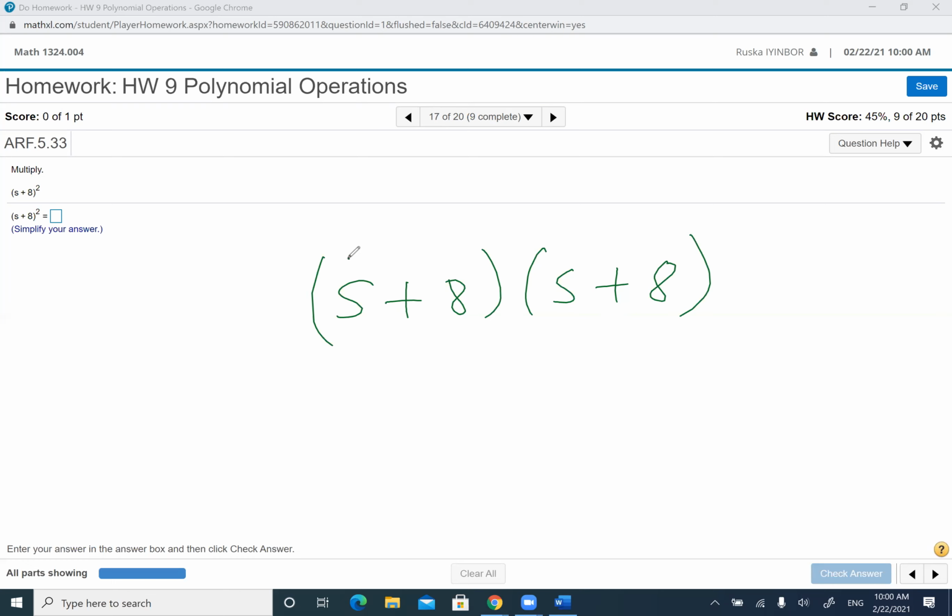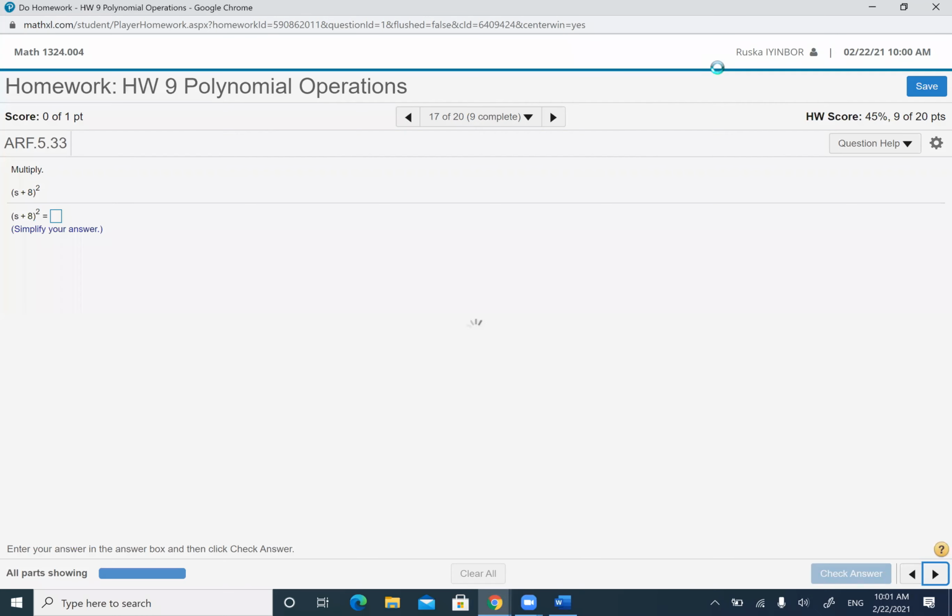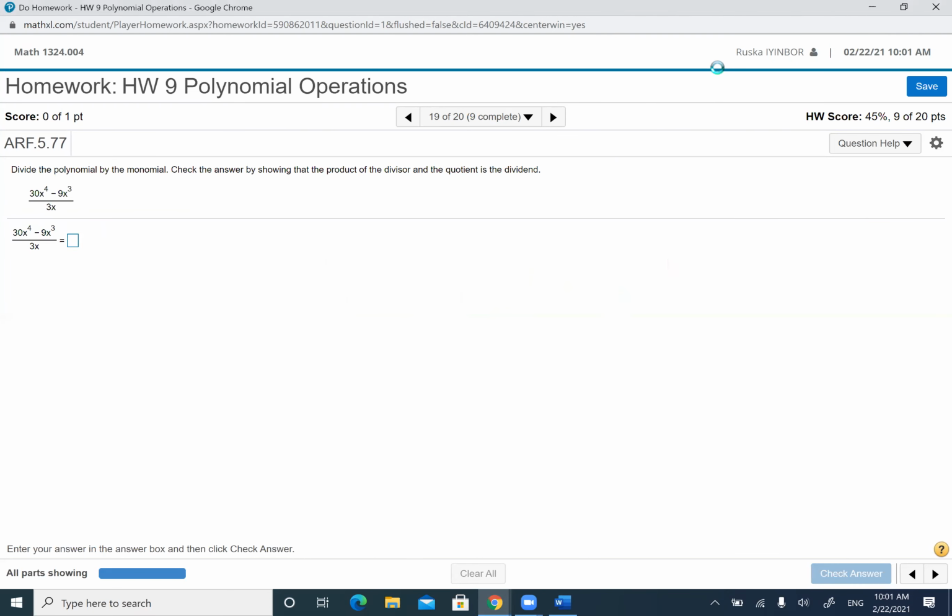So pretty much you're gonna FOIL again, okay? The same idea, and I'm not gonna do it, just the same way, okay? The next one is another square, so again multiply 7x plus 5 times 7x plus 5 and distribute the same way.